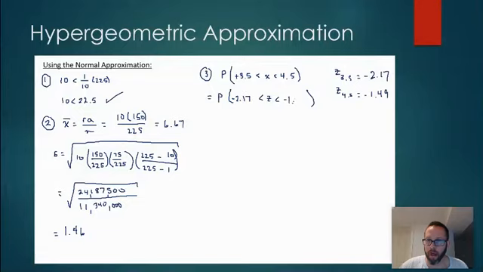You guys are old hats at this now. Find those two probabilities and subtract. Negative 2.17 gives 0.0150, and that is the one I'll be subtracting. And negative 1.49 gives 0.0681.